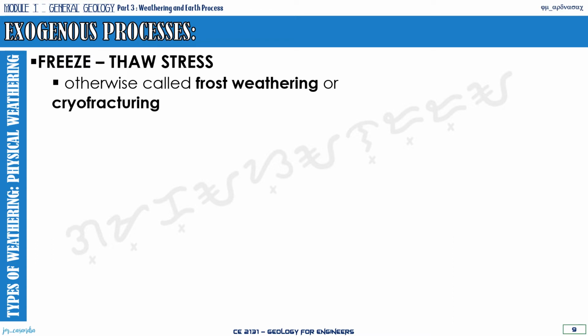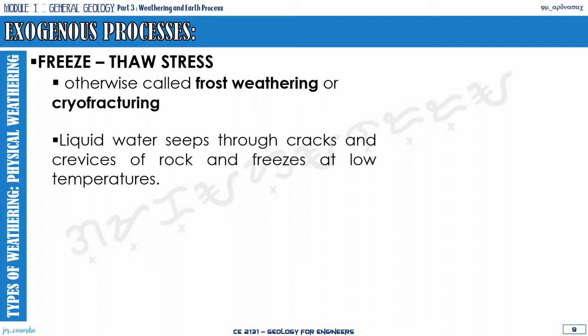Basically, our rocks or soils will have some pores or cracks in them. Liquid will seep through the cracks or openings, and then at very low temperature, the liquid or water that has seeped through the rock freezes.